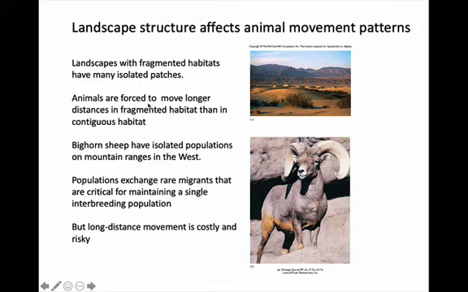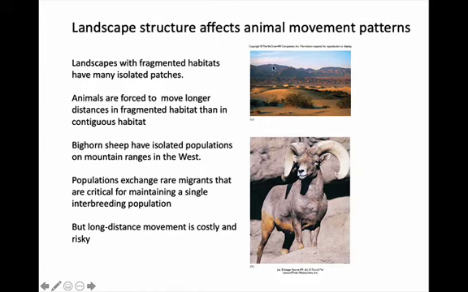So if you have really fragmented habitats with lots of tiny patches, then animals would have to move longer distances in fragmented habitats to go from one suitable set of conditions to another. Here you see a mountain range in the Sonoran Desert, and here are some desert bighorn sheep.